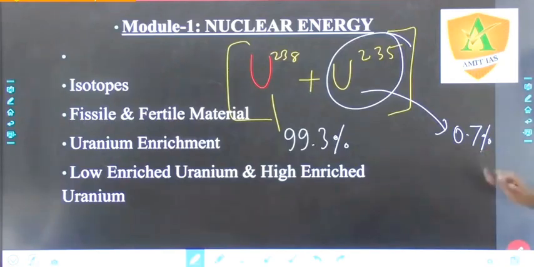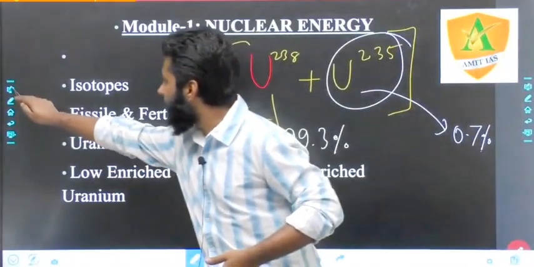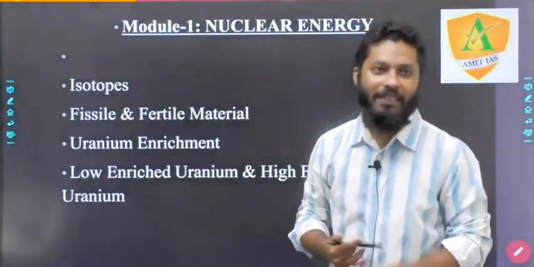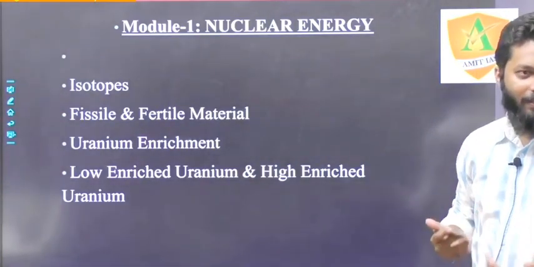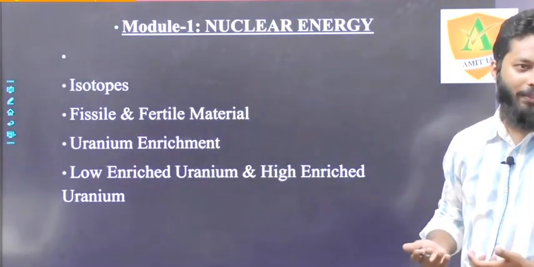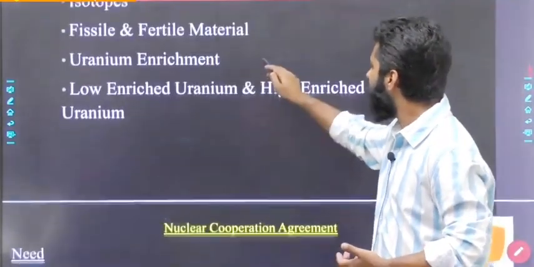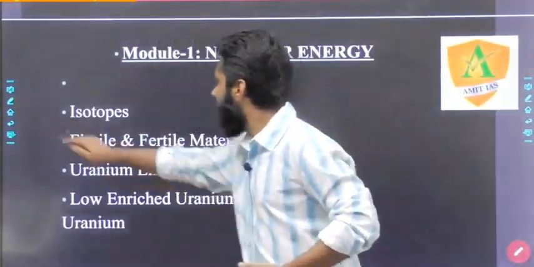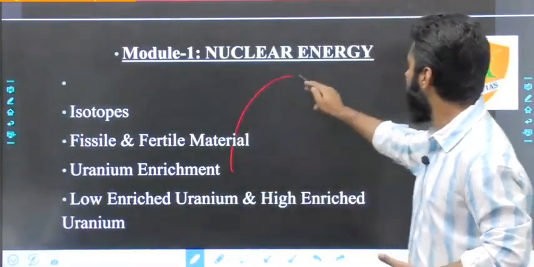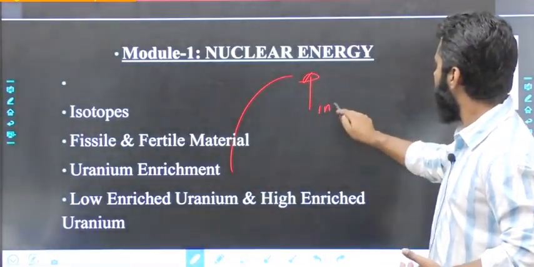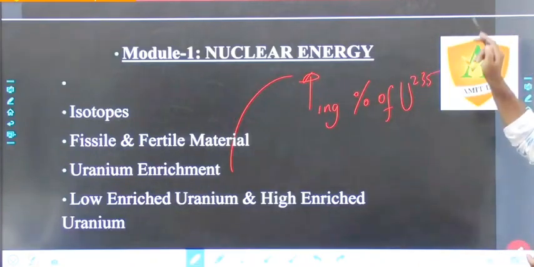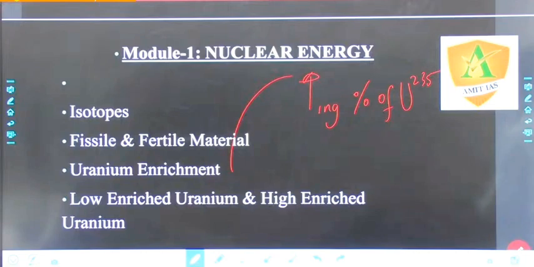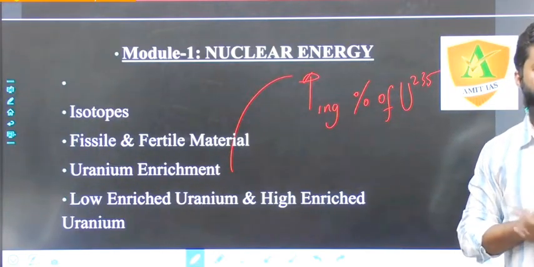So increasing the percentage, mark my word, increasing the percentage, not the quantity, of uranium 235 in the naturally occurring uranium is known as uranium enrichment. You are increasing the percentage of uranium 235. This is known as uranium enrichment.